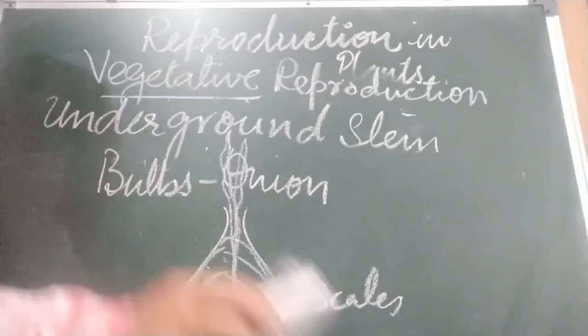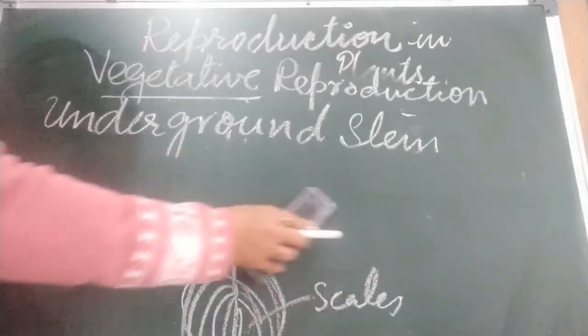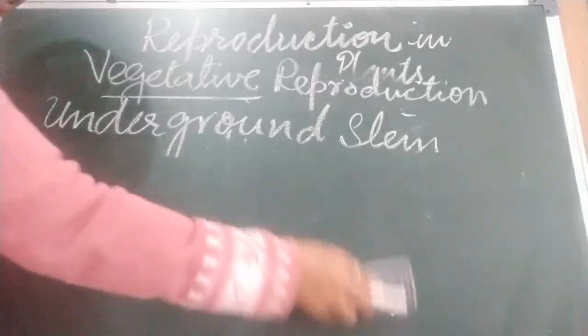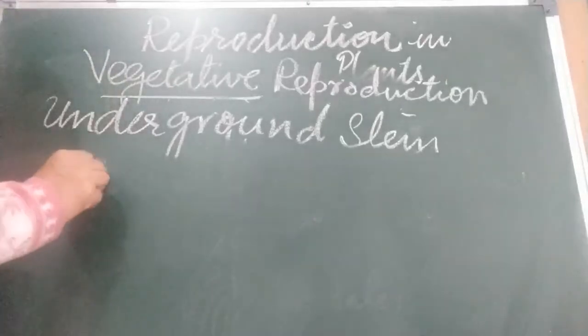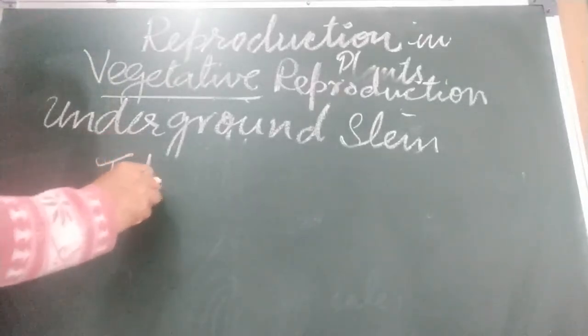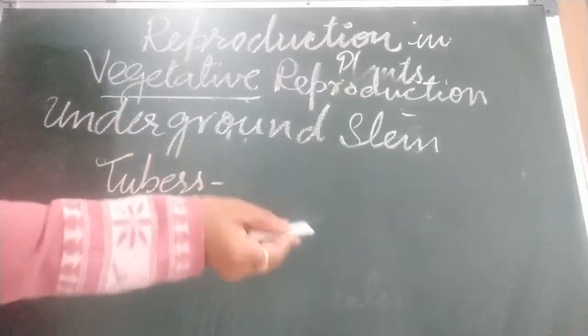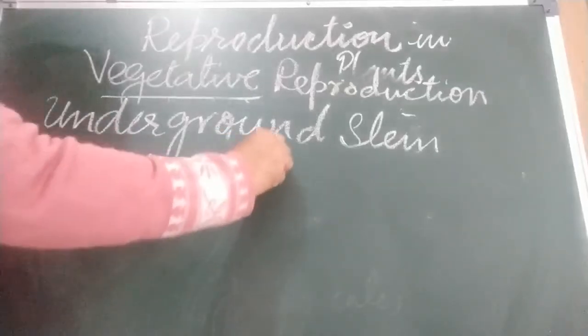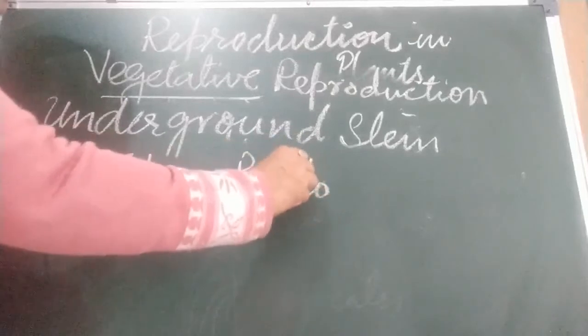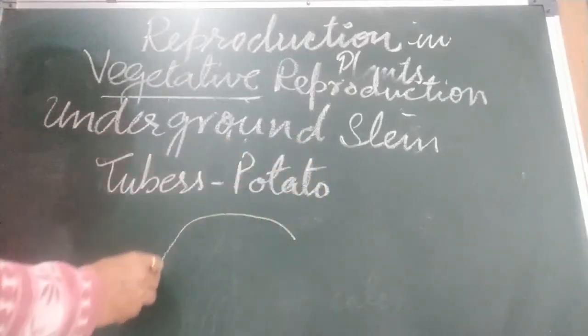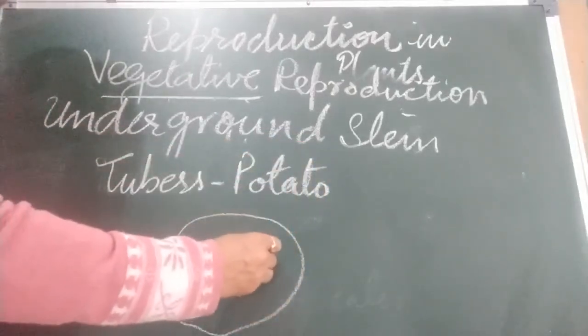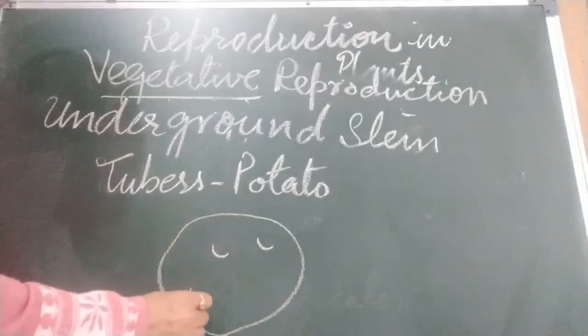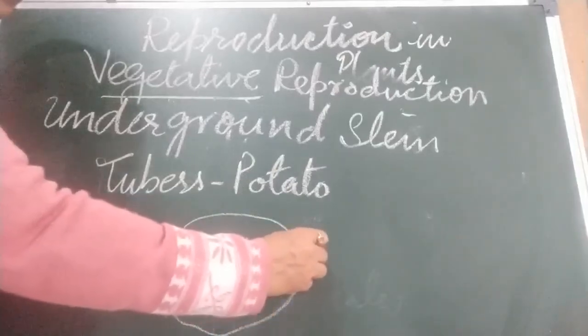Okay, now third example is tubers. Tuber, very good example of tubers is potato. Children, all you have seen potato. There are eyes there. These eyes are what? Nodes.